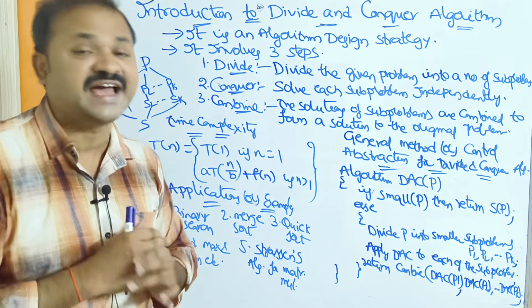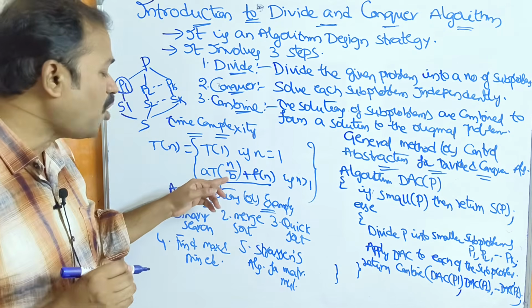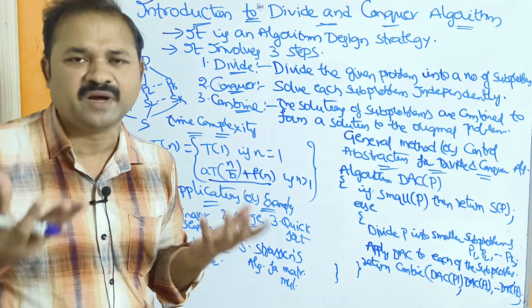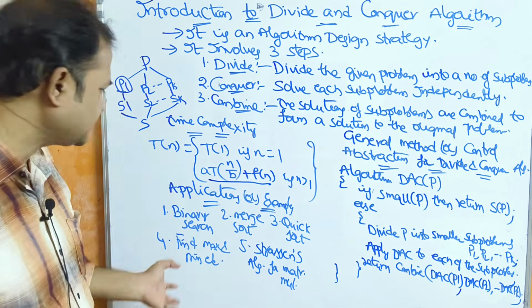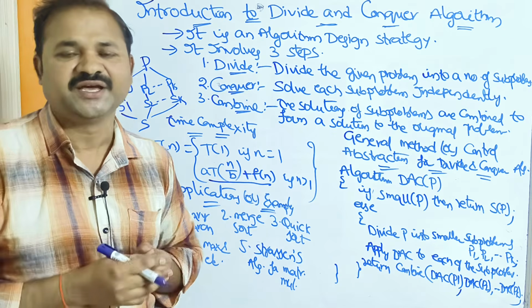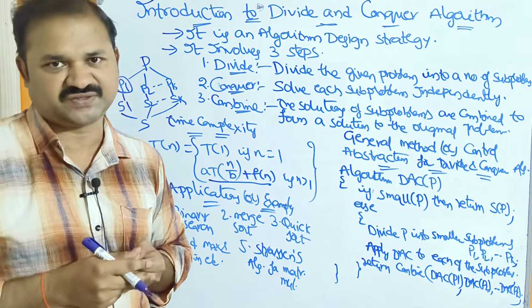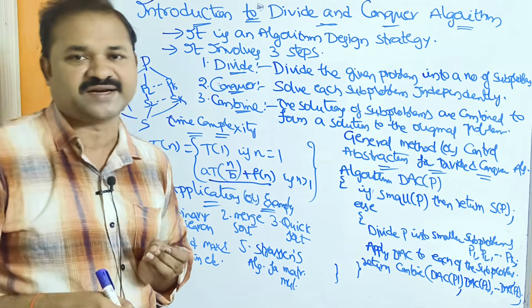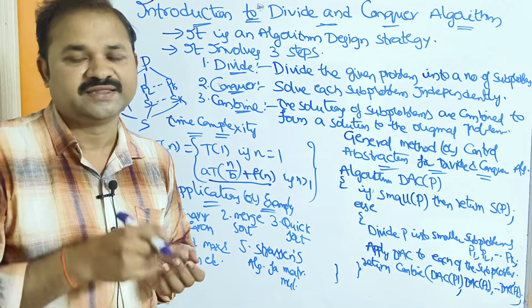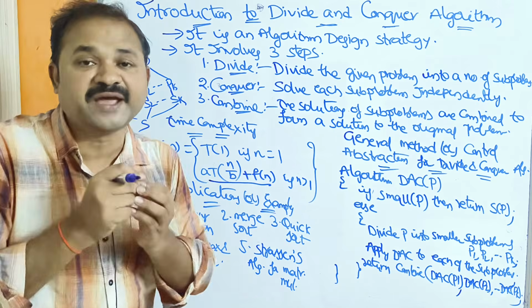Suppose n is greater than 1, then this is the recurrence relation: a T of n by b plus f of n. Let us assume that we are using binary search. In binary search, we divide the array into two parts, so the recurrence relation is T of n by 2. If we take merge sort, then the problem is divided into two parts where each part contains n by 2 elements.